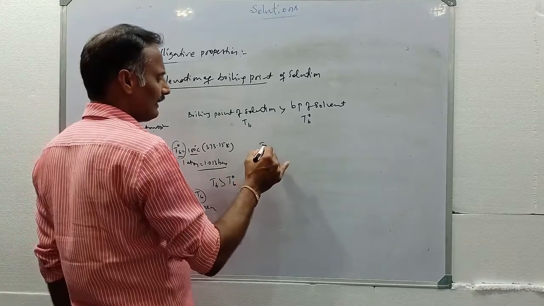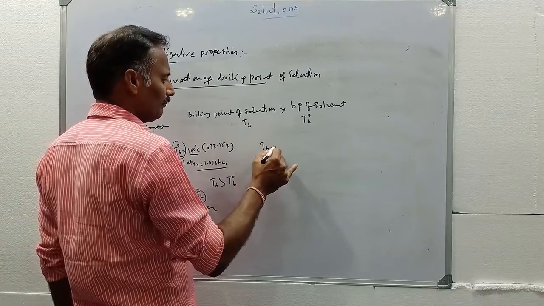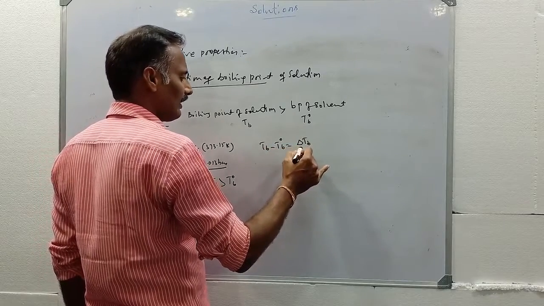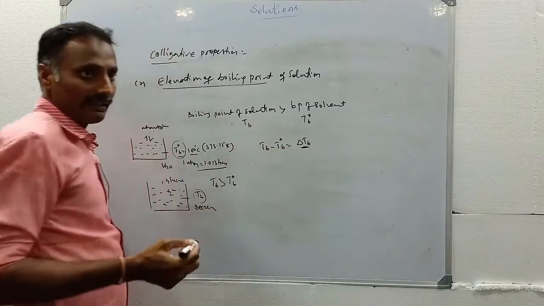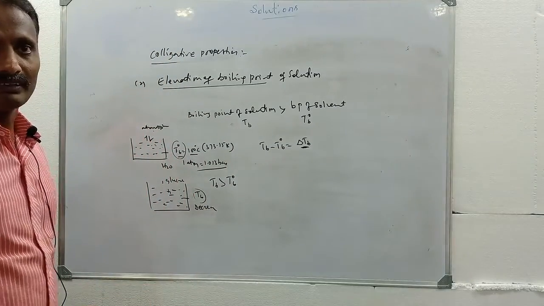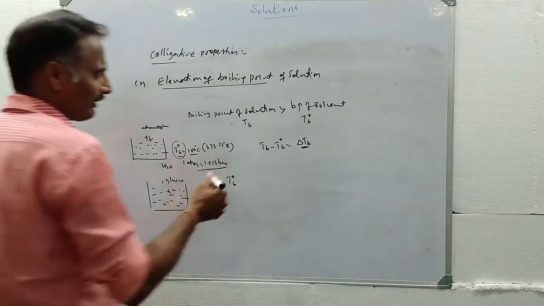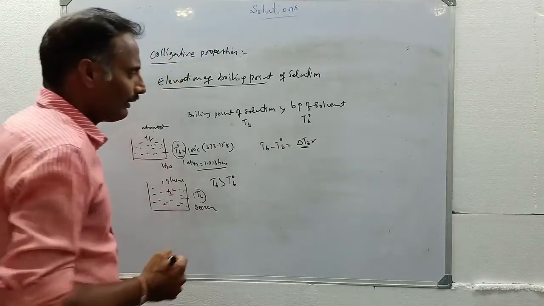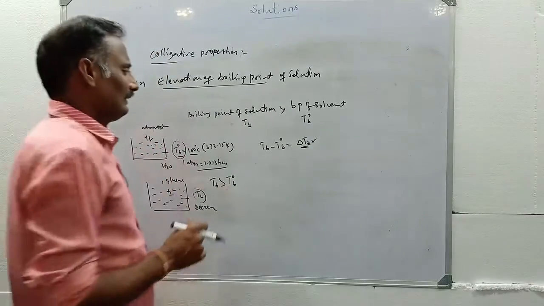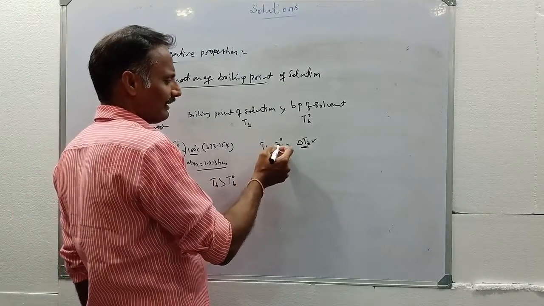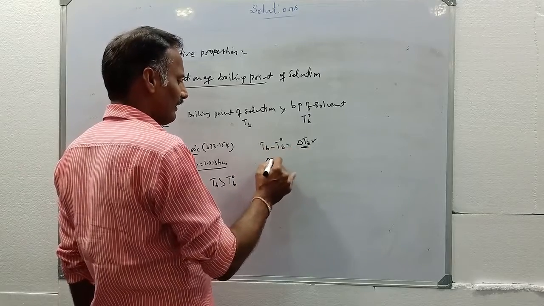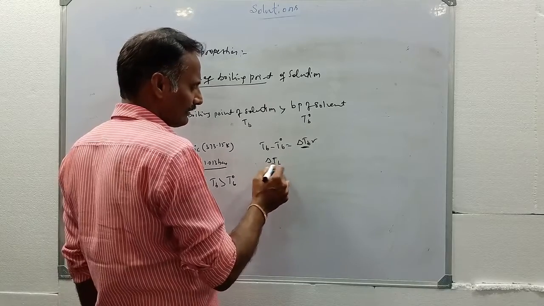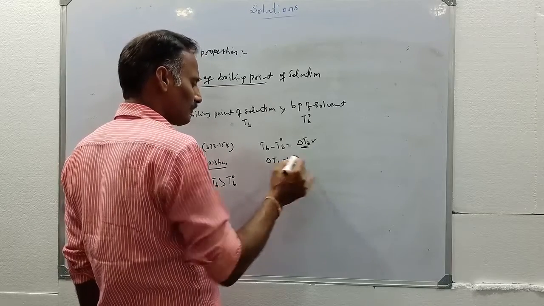Then TB minus T0B is equal to delta TB, the elevation in boiling point. The elevation in boiling point is directly proportional to the molality of the solution.